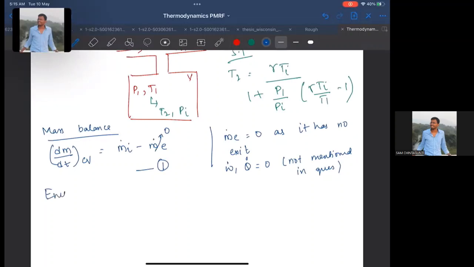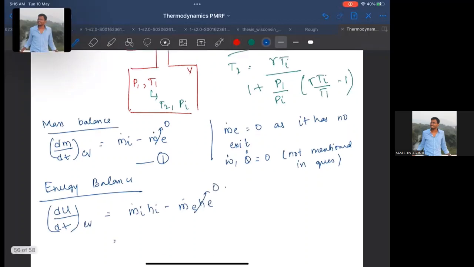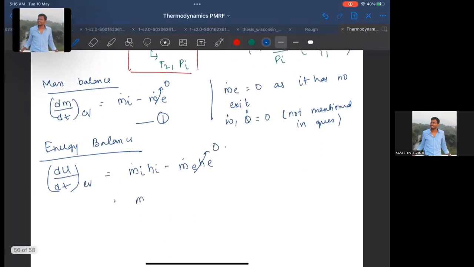Next we do energy balance. We get dU by dt of control volume is equal to m dot i hi minus m dot e he. This is again 0 because there is no exit. So it is equal to m dot i hi. Your m dot i is equal to dm by dt of control volume.